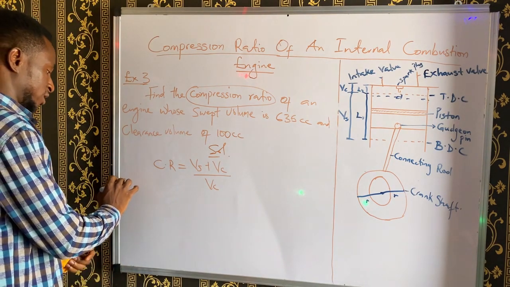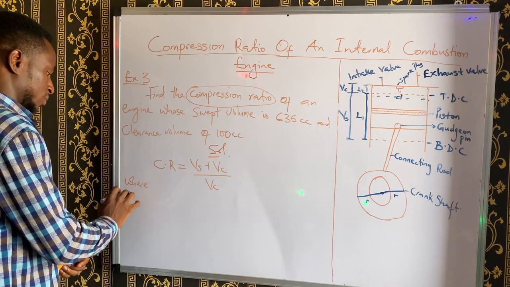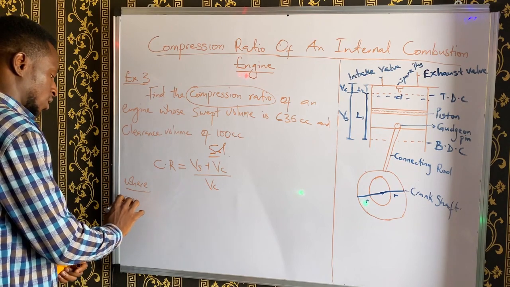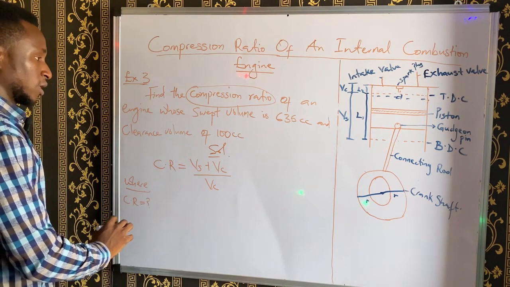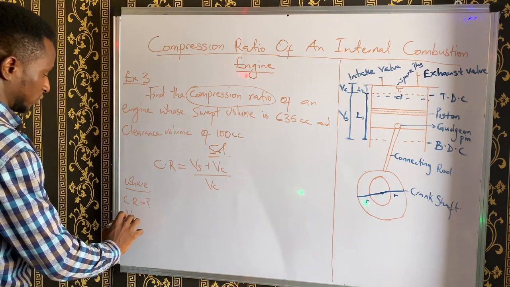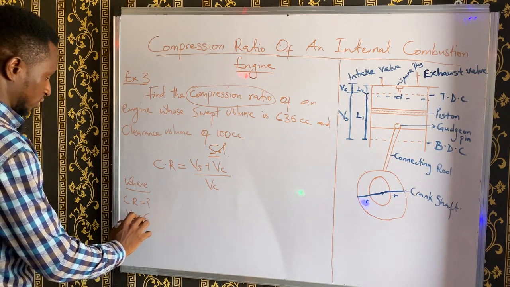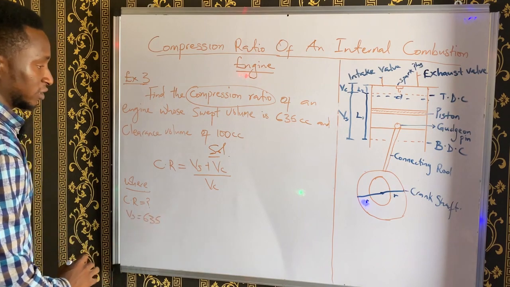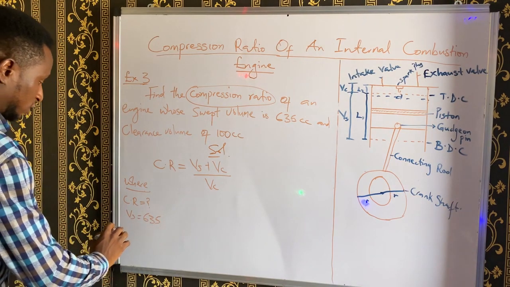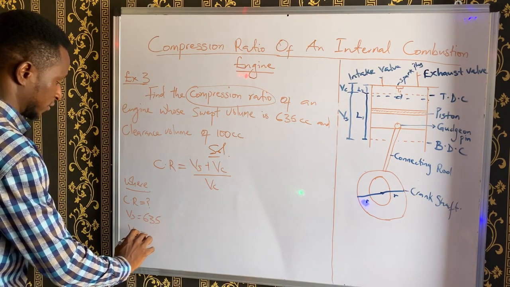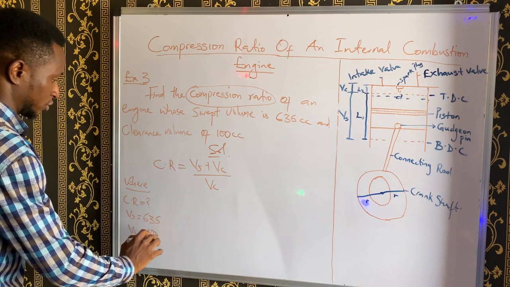So we have our data given. Our compression ratio is unknown. The swept volume, Vs, equals 635, and our clearance volume equals 100. So let's input that here.